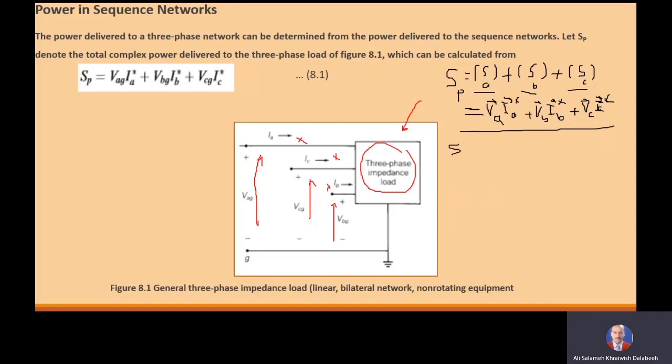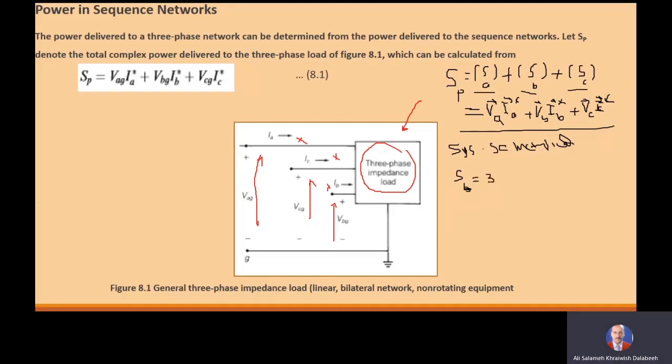If the system is symmetrical, then the power of phase A is equal to the power of phase B, equal to the power of phase C.